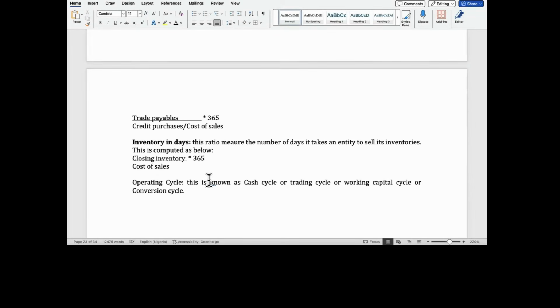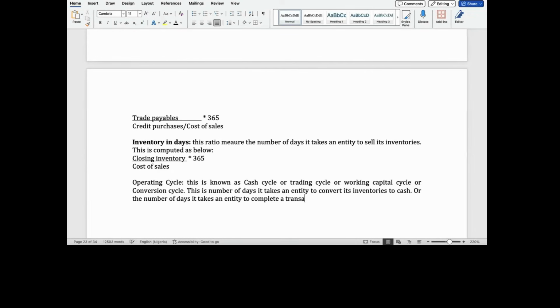So what is an operating cycle? This is the number of days it takes an entity to convert its inventories to cash, or the number of days it takes an entity to complete a transaction.